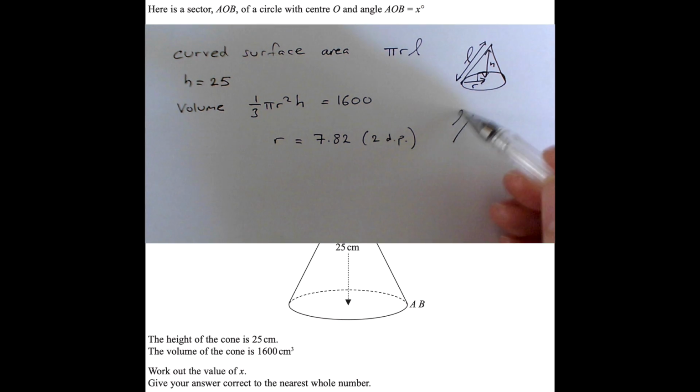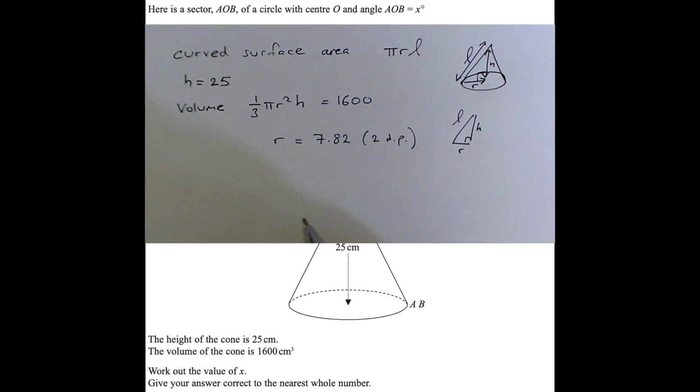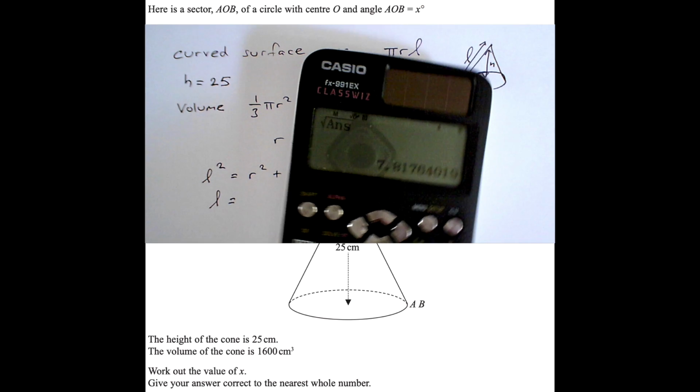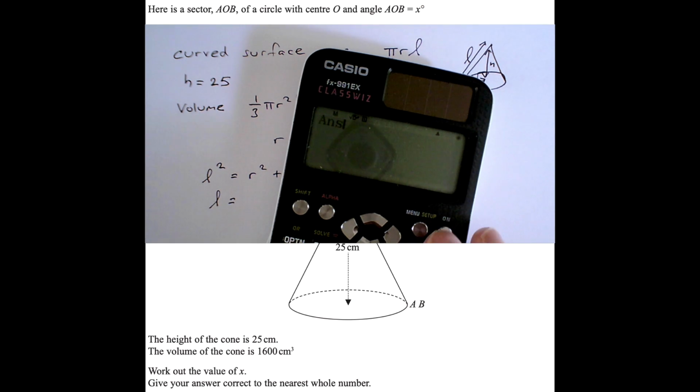I need to know that slant height. Fortunately I've got an h and an r, and this is a right-angled triangle. It's a three-dimensional triangle, but it's still a triangle nonetheless. So L squared is equal to r squared plus h squared by Pythagoras. I've just found the radius, so I can square that, and I know the height is 25 squared.